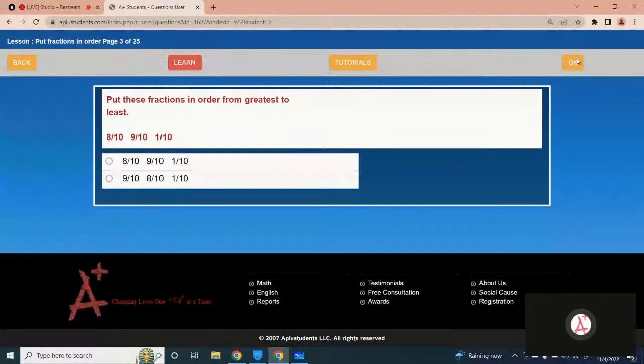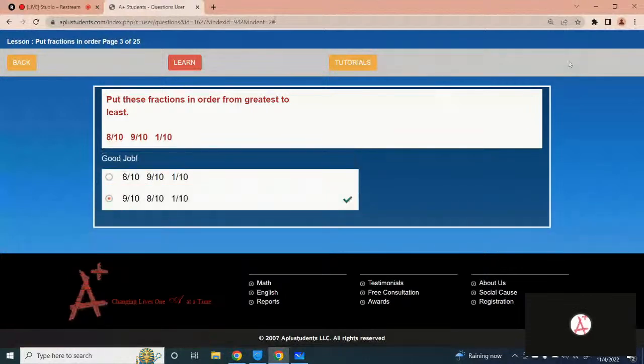Yes, 9 by 10 is the greatest one. Then you have 8 by 10, and then you have 1 by 10. The second option is the correct one. Just select the correct option and click on the OK button.